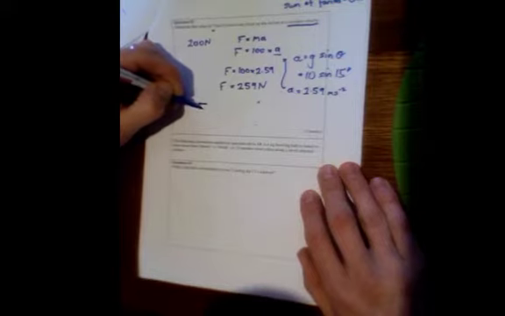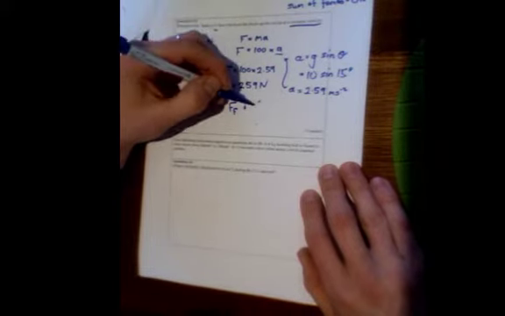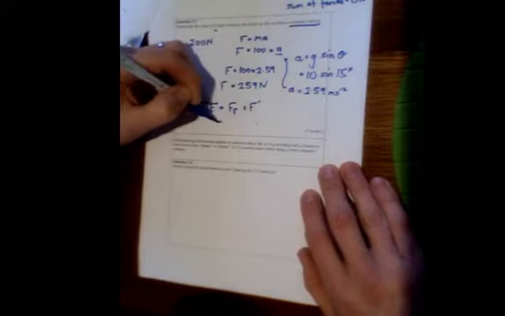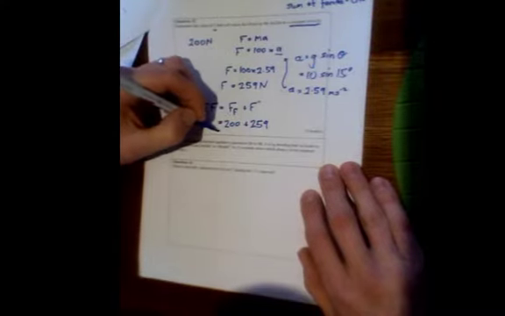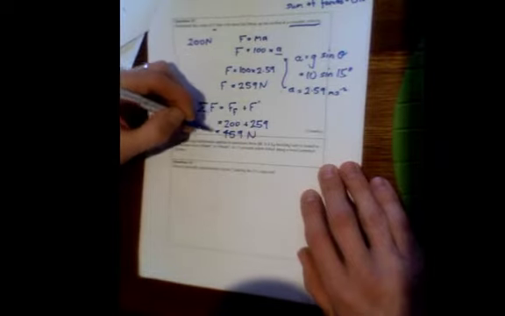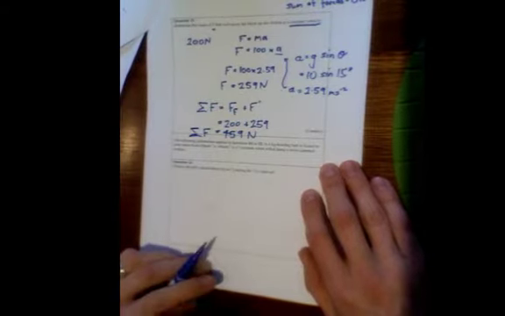So if you like, sum of forces, or the total force, is going to equal how much frictional force I need to apply, plus the force to overcome gravity, and so that's 200 plus, we found this is 259. 200 plus 259 is 459 newtons. Okay, the total force is 459 newtons.